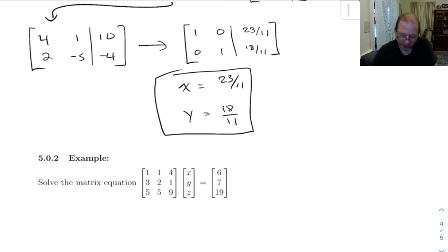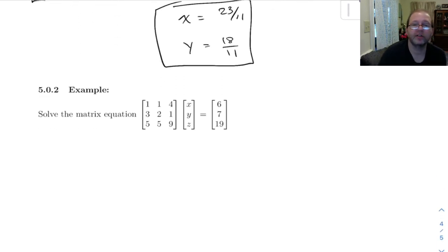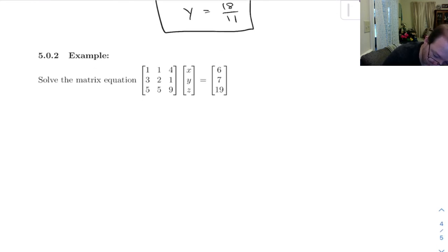All right, so this next one, if we do this with Octave, we can do it really fast. Let's see, solve this matrix equation. I'm going to rewrite that as 1, 1, 4, 6, 3, 2, 1, 7, 5, 5, 9, 19.